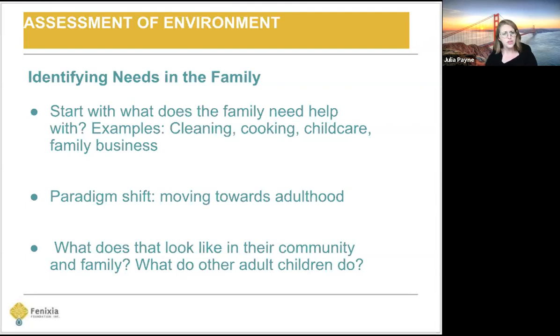So one of my students, Sophia, at first she really didn't do much in the household. Her parents took care of her. She did not have chores or responsibilities. And as she got older, you know, she really started to like doing dishes. It was something we practiced at school.